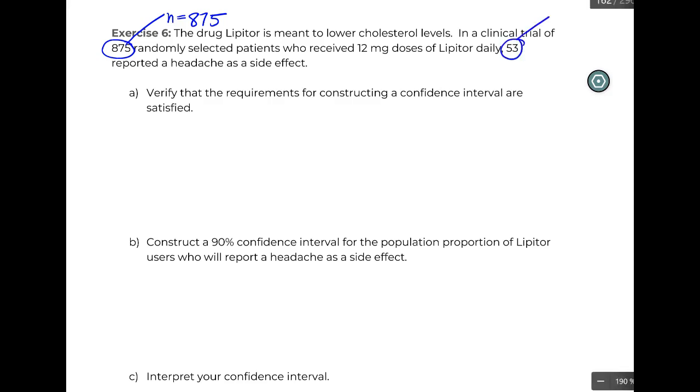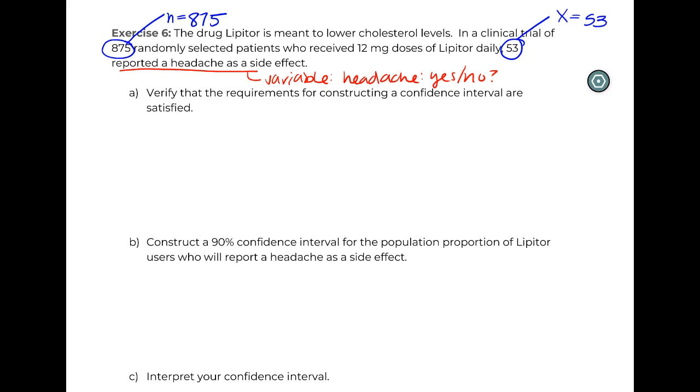So we have our sample size, and we also have the number of people in that sample who had a certain outcome. So if you want to think about this a little bit, this is our variable, which is basically headache, yes or no. Right, and then our population are people who are using Lipitor.